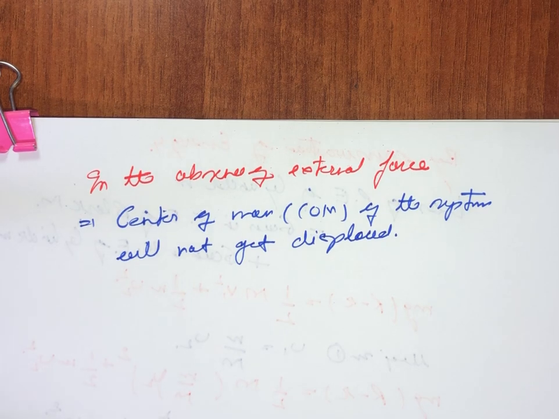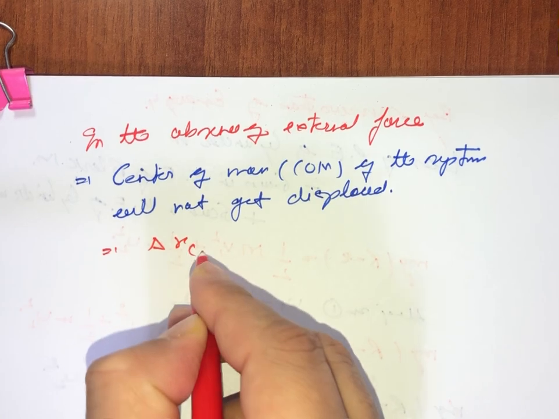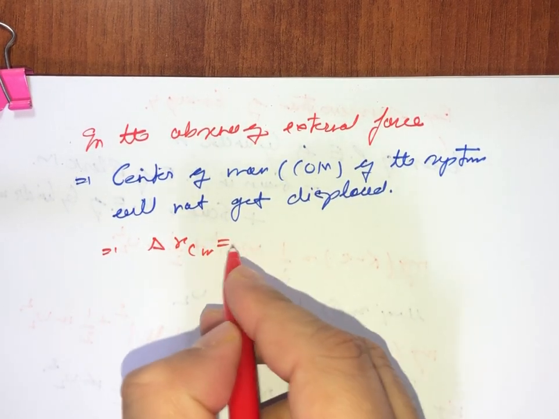Or we can say that delta x cm will be equal to 0.